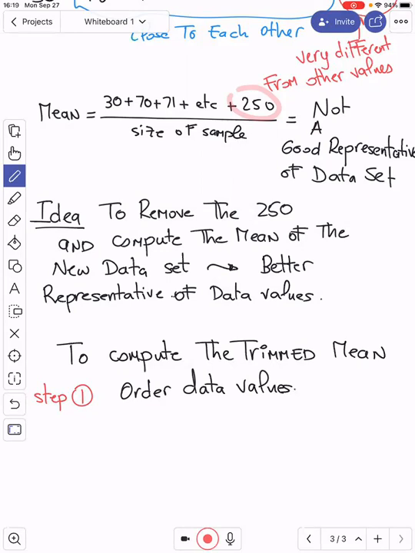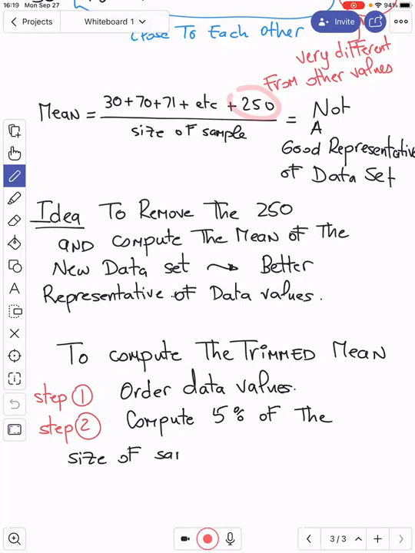And step number 2. We need to compute 5% of the size of the sample.